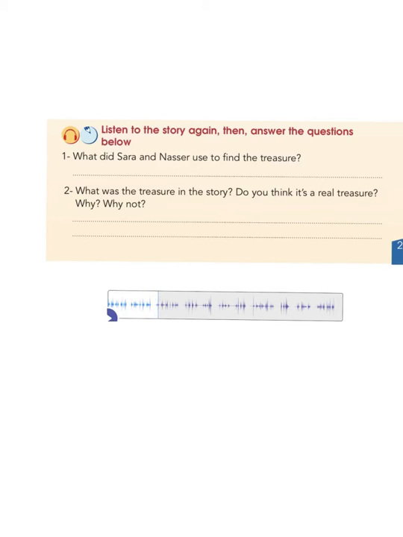Where's the treasure? It's in the north of the garden, but you are in the south. Here, take this compass and I'll give you directions. Okay. How do I get there? Go north. Walk 10 steps. 8, 9, 10. I'm at the end of the garden.